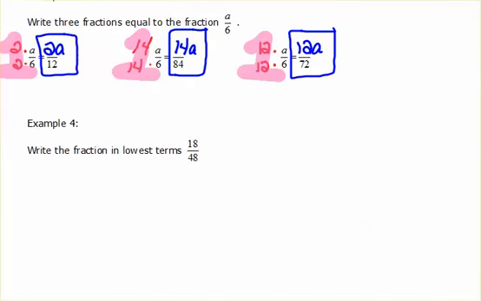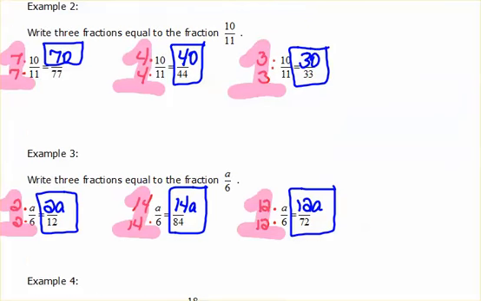All right, and then finally we have example 4 here that says write the fraction in lowest terms. Well, as we've seen in these last two examples, we can write fractions with different denominators that mean the exact same thing.